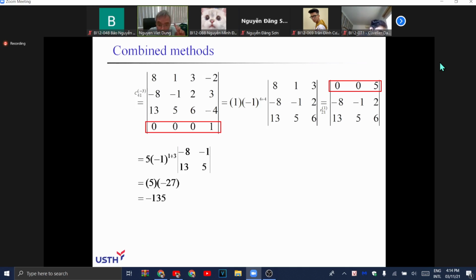Then the next step is a cofactor expansion. And then once again apply the row operation. And finally the cofactor expansion. So in each step we can apply whichever method we think is useful for us, and it can reduce our calculation. That is what we call the combined method to find the determinant.